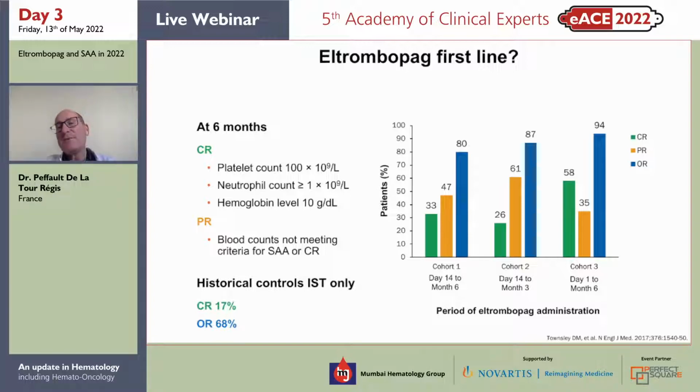So basically, from that trial, we had the feeling that for the first time in history, at least in the last 30 years, eltrombopag added to horse ATG plus cyclosporine might drastically improve the response rate of our patients. However, as you know, there are many phase 2 trials that in the end did not succeed in a phase 3 setting.